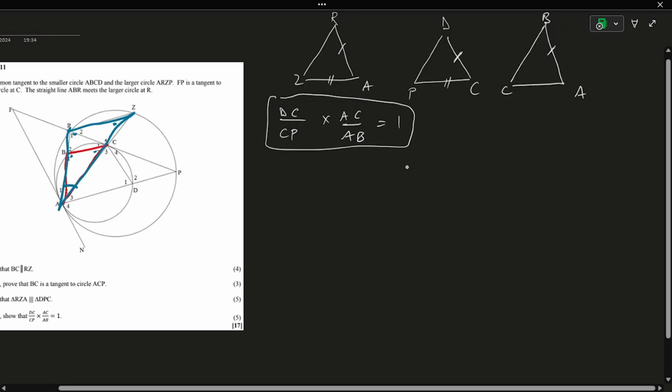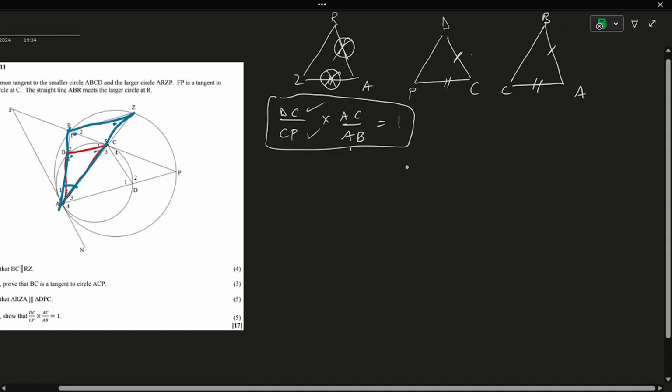So AB is proportional to DC is proportional to RA. But we do not want RA because it's not part of what we are trying to prove. So we discard RA. And then CP is wanted in our question, but AZ is not required, right? So it means that AC is the one that we should include.